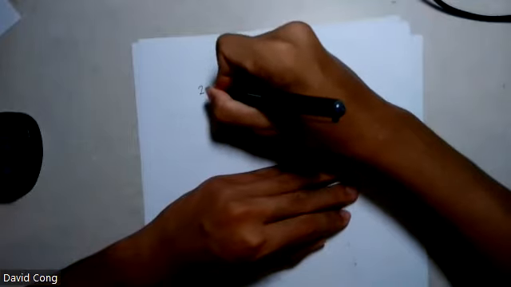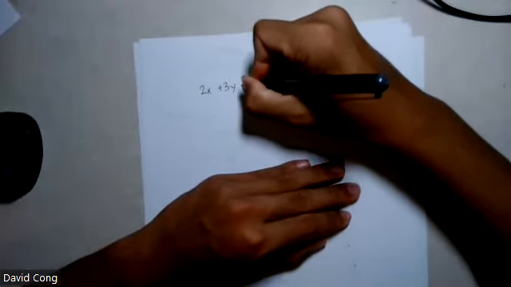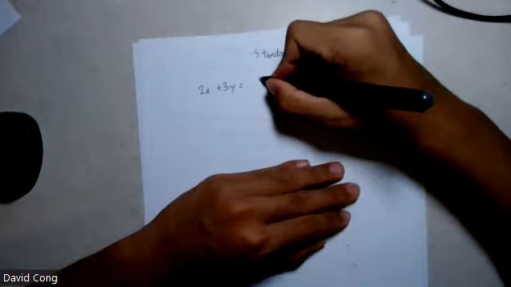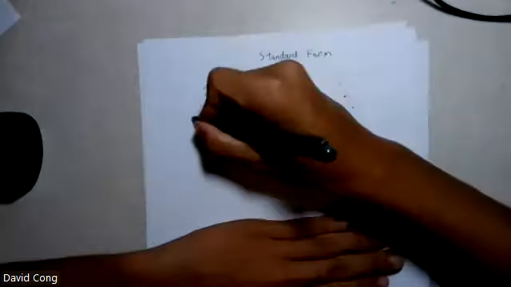Let's say we're given 2x plus 3y equals 6. What's actually easiest for this is just step 1.